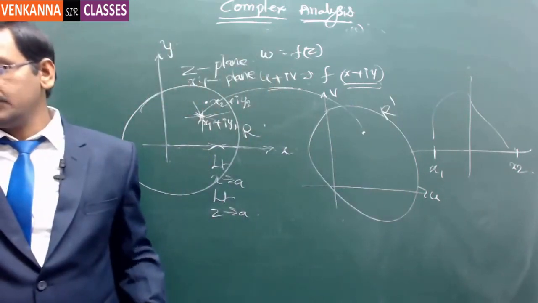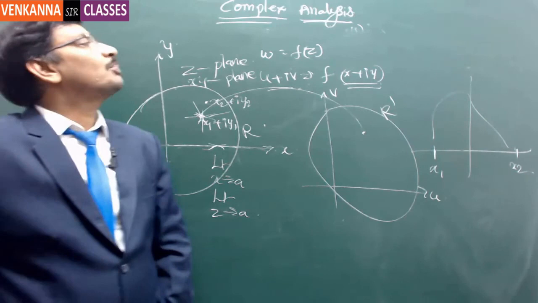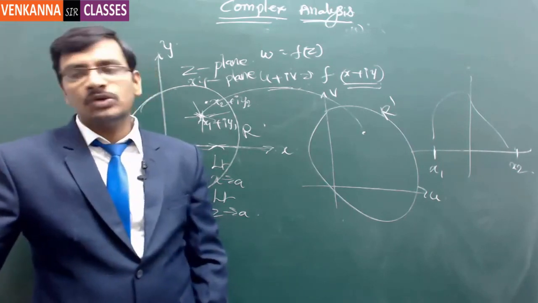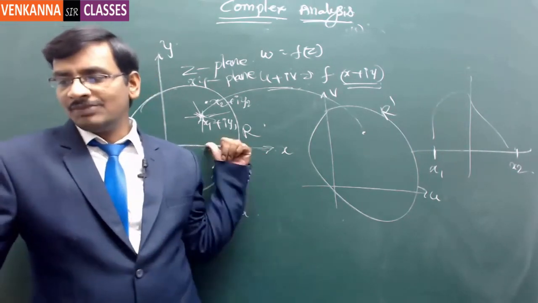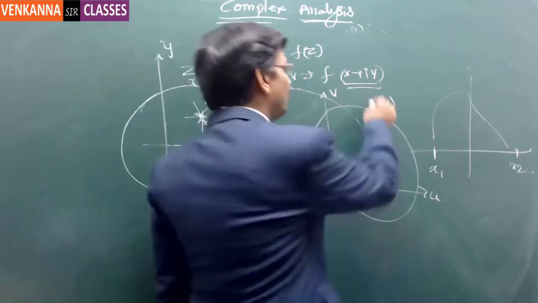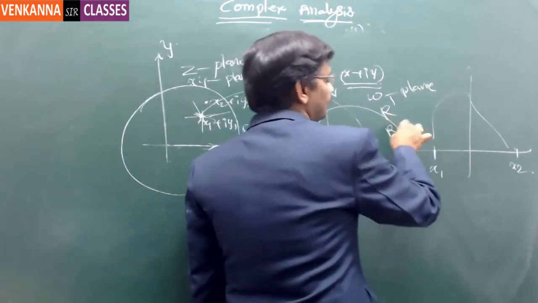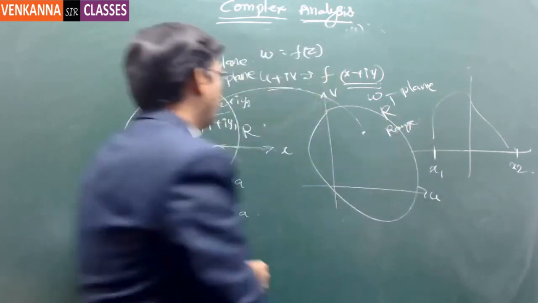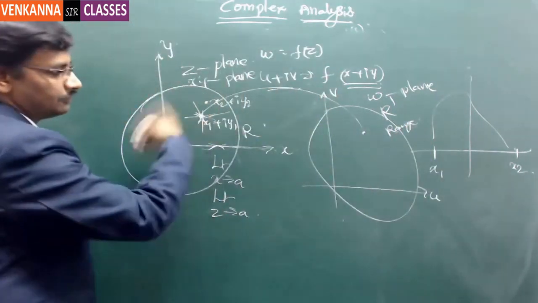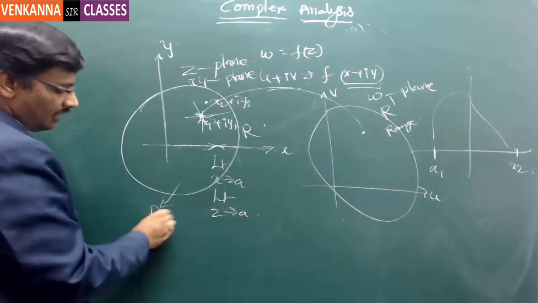Got it? So this is how you represent a complex function with two different two-dimensional geometries. One is the z plane, another is the w plane. In the w plane, we have R dash as the range, and R as the region of interest, which we call the domain.